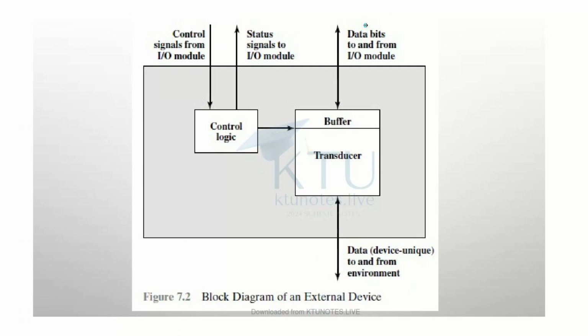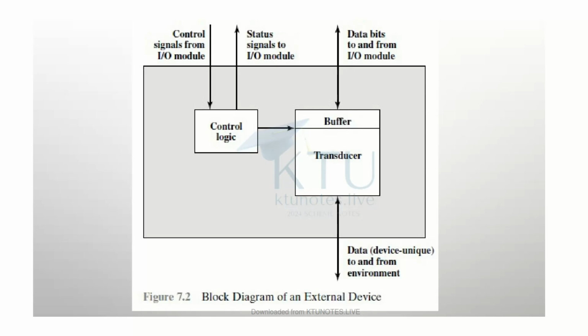Then I told you, this is the internal block diagram of an external device, which contains a control logic, buffer, and transducer. So the control signals can come from the IO module to the control logic, and from the control logic, the status of this device can also be given to the IO module.